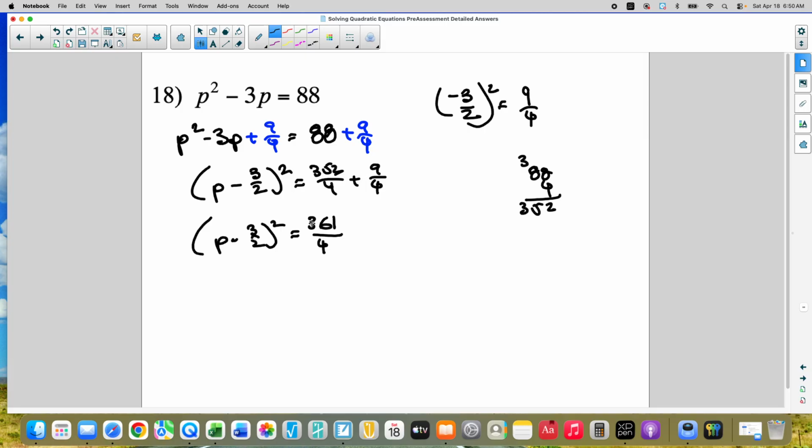That feels like a perfect square. p minus 3 halves equals plus or minus the square root of 361 fourths. 361, I think it's 9. Is it 9? Or 19? I'm becoming familiar with 361.